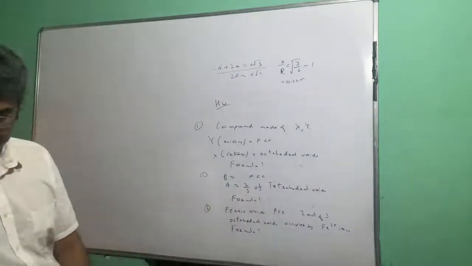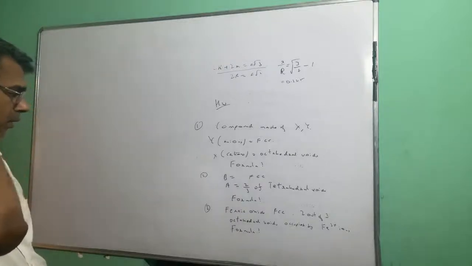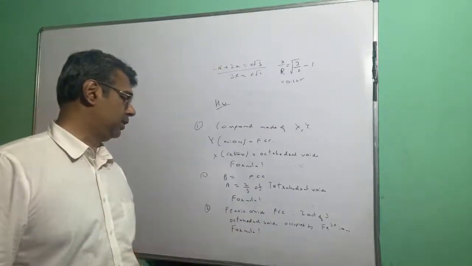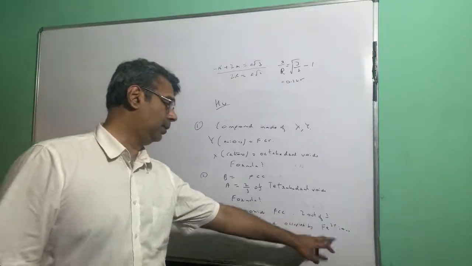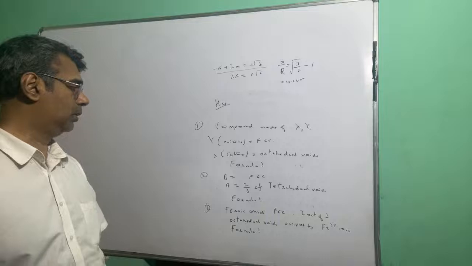Question number 3: there is a compound ferric oxide which is FCC and 2 out of 3 octahedral voids are occupied by Fe3+ ions. What is the formula of the compound?